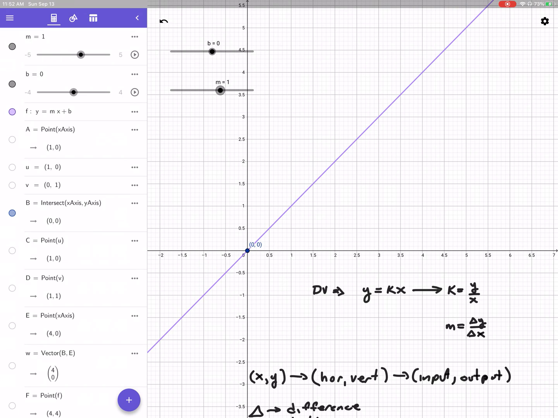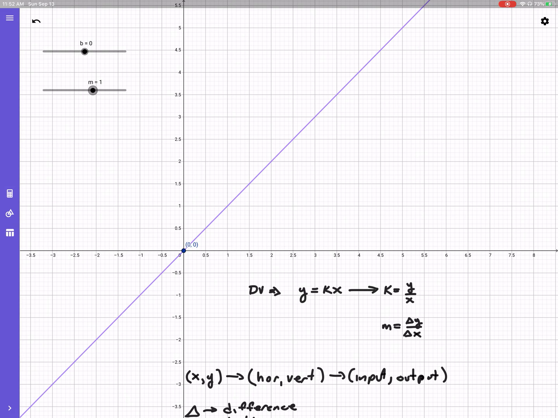Well, let's see what happens. Let me zoom out just a bit here. Give myself a little more room. How about right there? Maybe that's good.